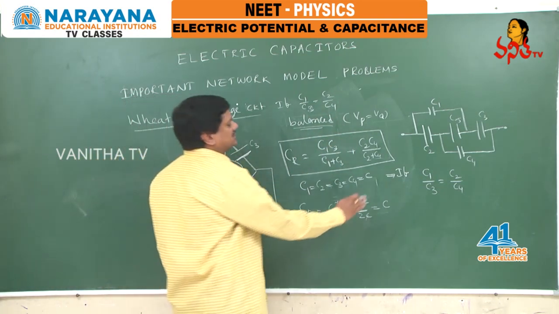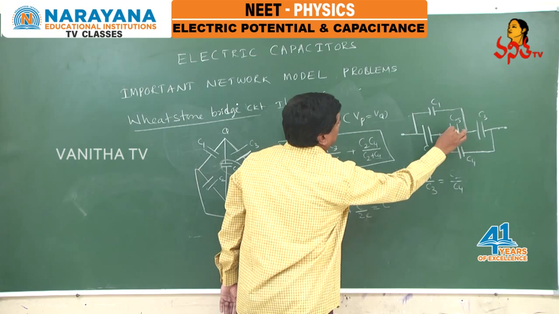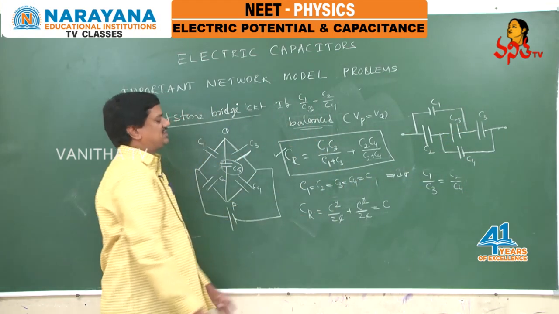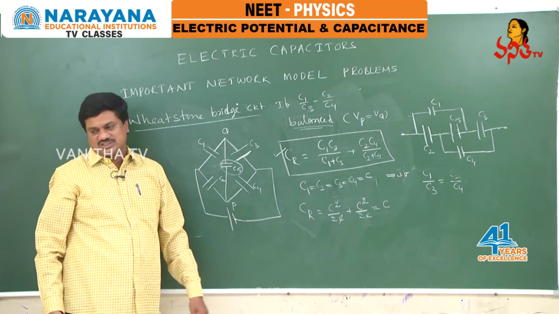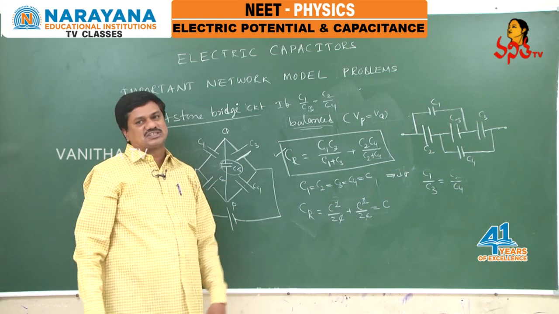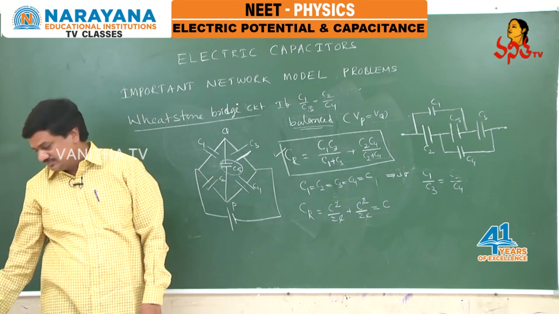When the Wheatstone bridge is balanced, simply you can neglect this C5 and we will get the equation like this. If all of these are equal, the effective capacitance becomes C. So, this is how the capacitance can be calculated in a Wheatstone bridge circuit.